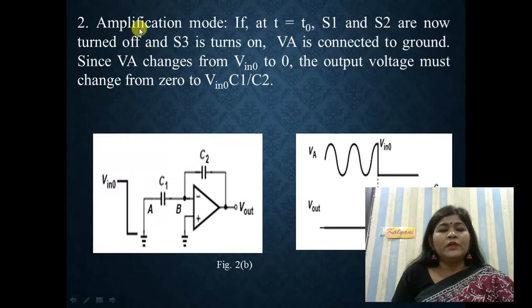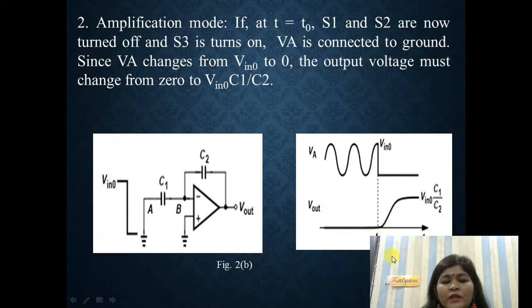The second mode is amplification mode. At t equal to t0, S1 and S2 are now turned off and S3 is turned on. So VA is connected to the ground. This is node VA, this is node VB, and this is grounded. VA changes from Vin0 to 0, so the output is like this.